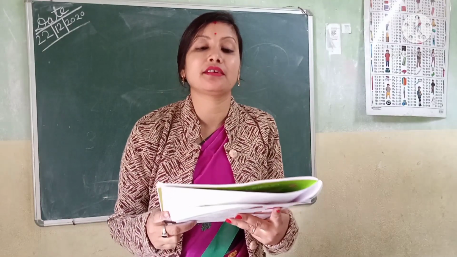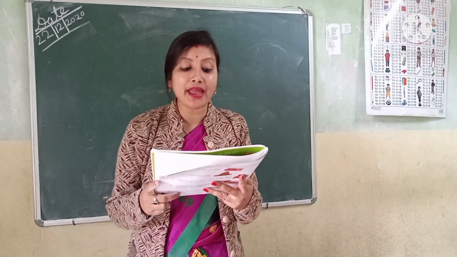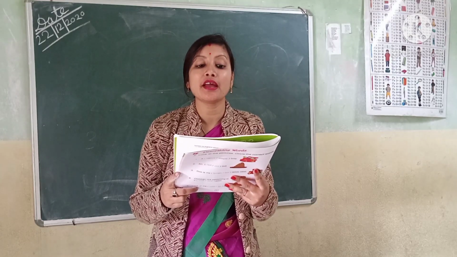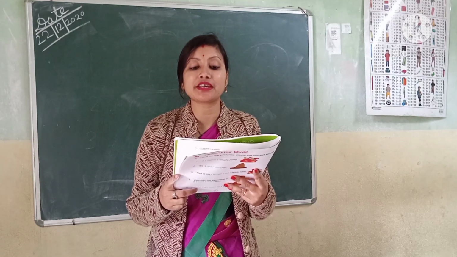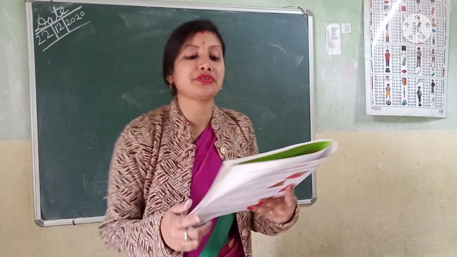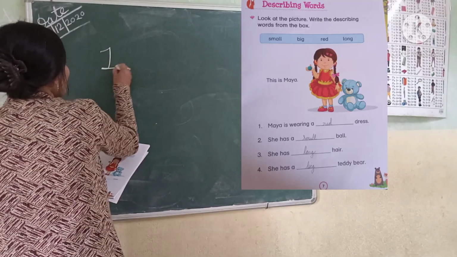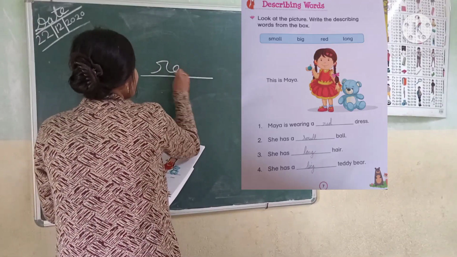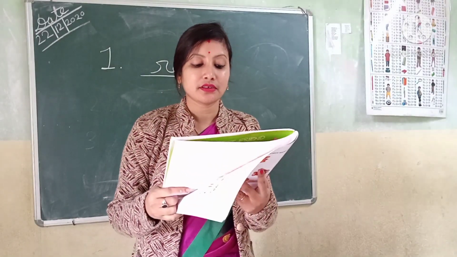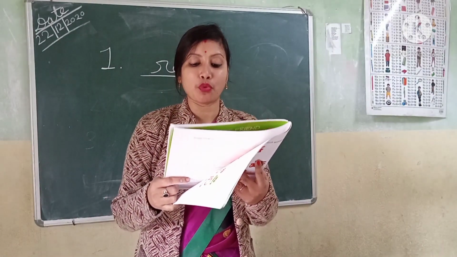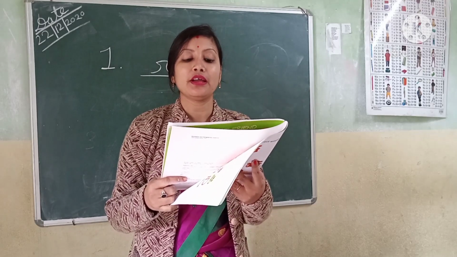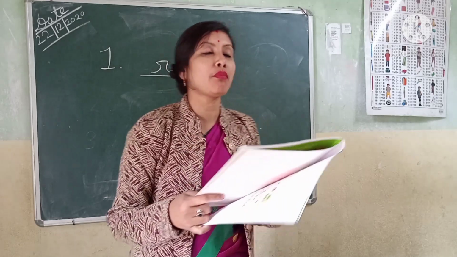This is Maya. The girl's name is Maya. Maya is wearing a dress. Maya is wearing what dress? Small dress, big dress, red dress or long dress? Maya is wearing a red dress. In number 1, let's write red. R-E-D, red. Maya is wearing a red dress. She has a dash ball. She has a small ball, big ball, red ball or long ball. She has a small ball.